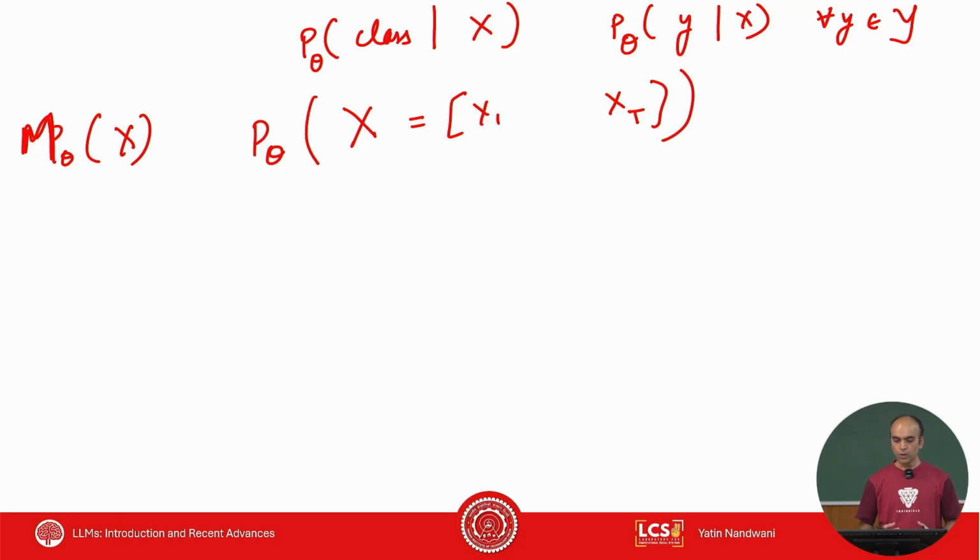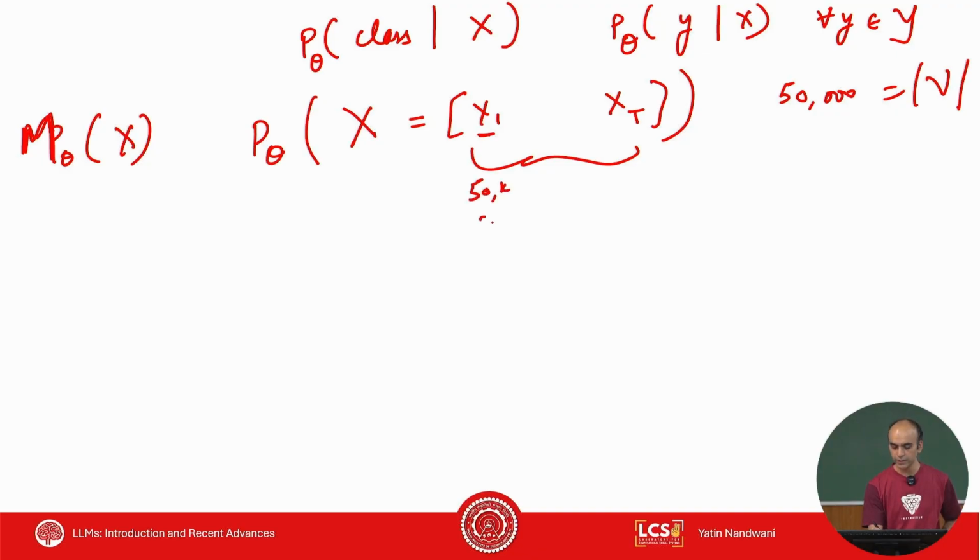Now, if I have 50,000 words in my vocabulary, this is the size of my vocabulary. How many such sequences are possible here? At each position, at each word, I have 50k choices, V choices, and therefore I have V to the power T choices. These are the total number of sentences that I have.